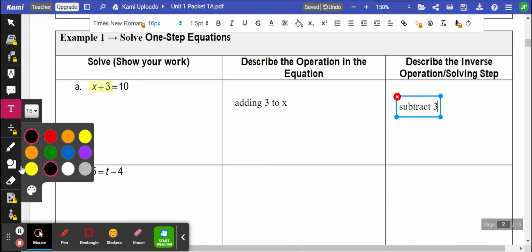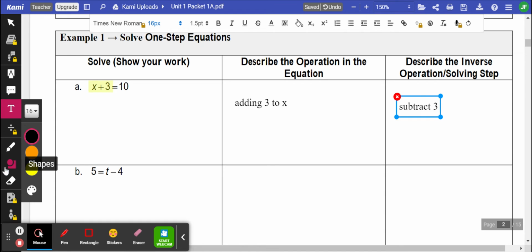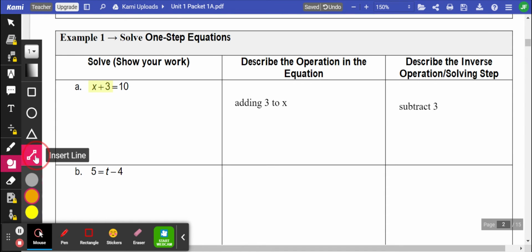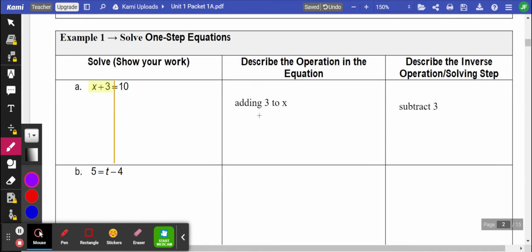And when we actually go through the process of doing that, we need to remember to keep our scale balanced. So what we always tell students in Algebra 1 is let's draw a line through our equal sign. That is going to allow us to separate our work into two sides. Right now, that's the middle of our scale, so that means x plus 3 is the same as 10. That's where our balanced scale is. So if we're adding 3 to x, the inverse operation is to subtract 3.